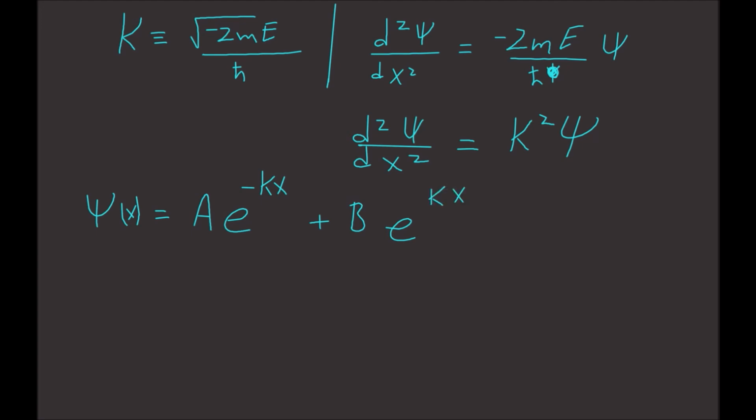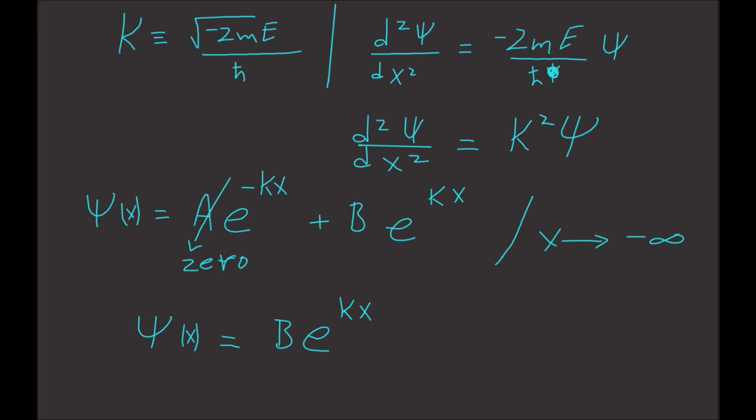The first term blows up as x goes to negative infinity, so we have to set A equal to 0 to prevent that. If we set A equal to 0, the solution psi of x is equal to B times e to the kx.